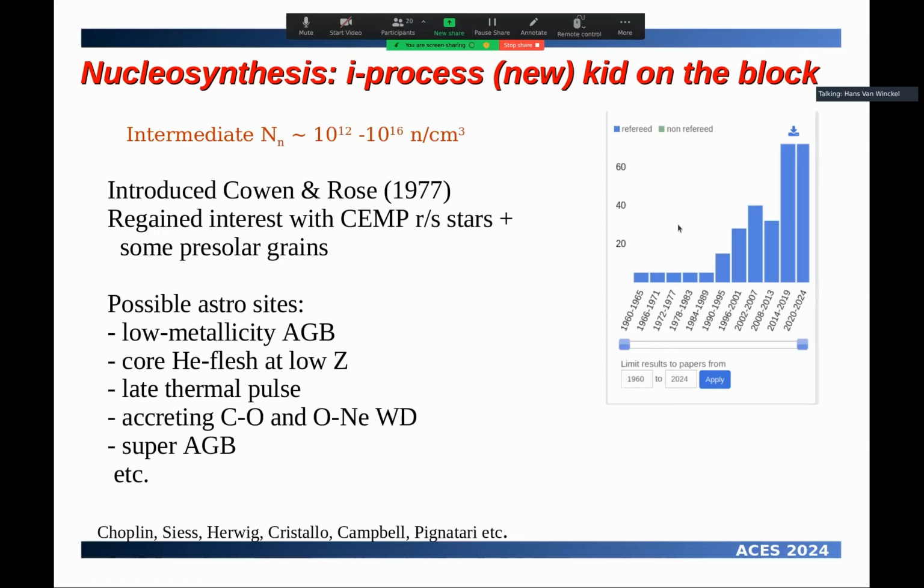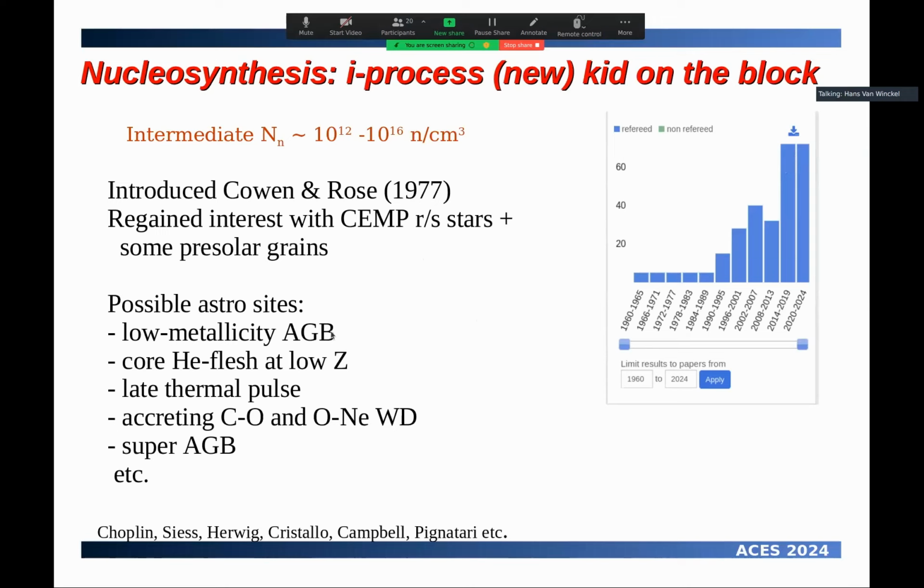This is depicted in the right figure, in which I just used ADS to search for the name I process in the abstract, I think. You see that in the last years the number of papers increased dramatically with respect to the I process. There's a lot of debate on where this I process is occurring.